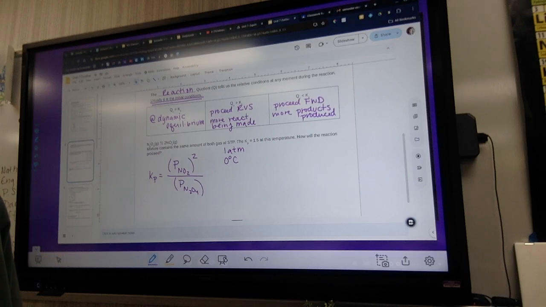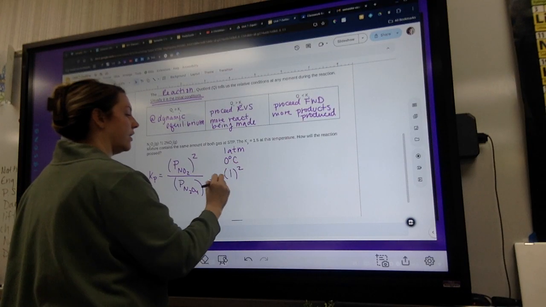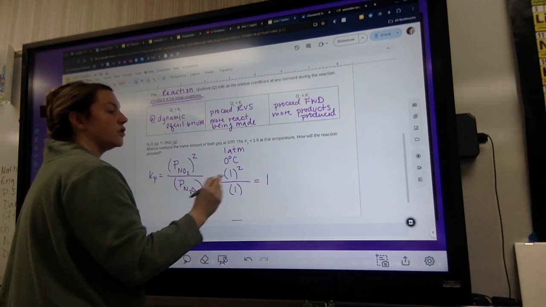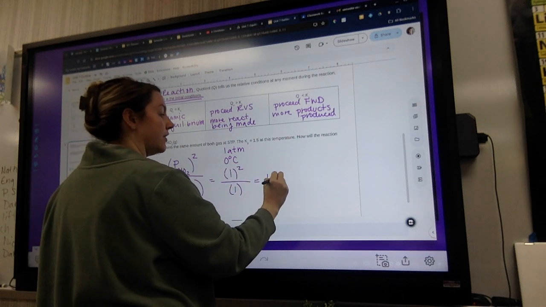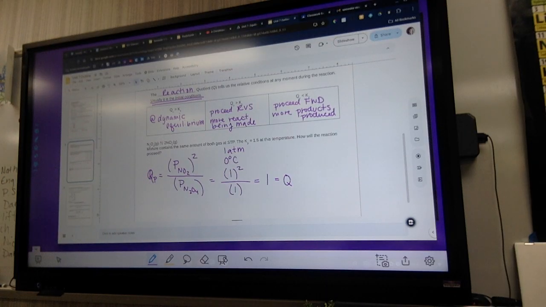Okay, so it says it contains the same amount of both gases. We're just going to use the pressure that we're at, which is just 1. So we're just going to plug 1 into it, right? So we're going to have 1 squared over 1, which is just going to give us 1. So our Q value, this is Q. Sorry, I wrote this wrong. This was Qp, not Kp.